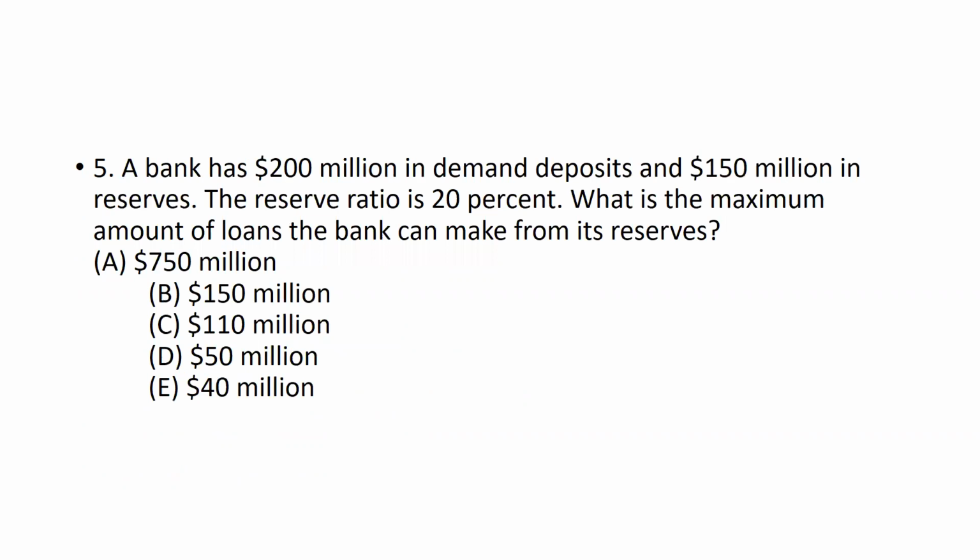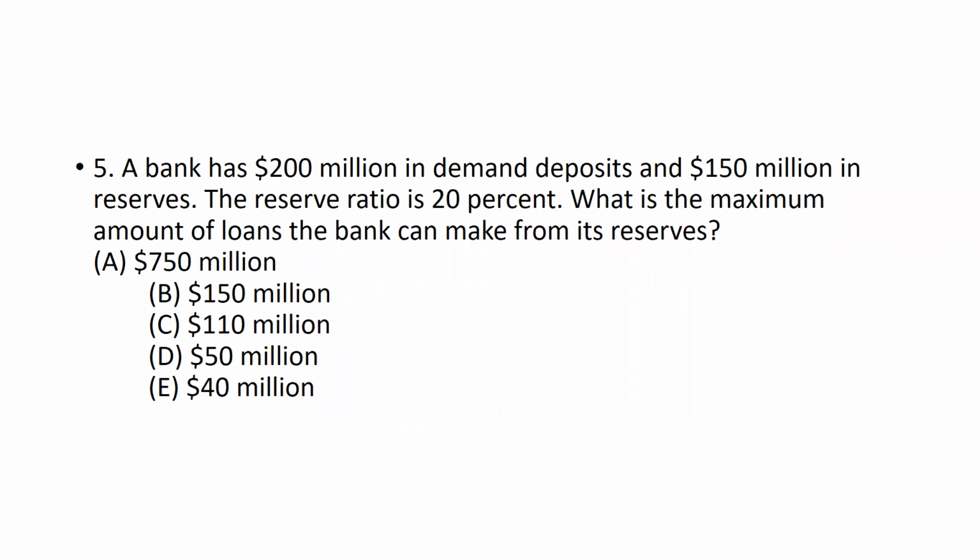A bank has 200 million in demand deposits and 150 million in reserves. The reserve ratio is 20%. What is the maximum amount of loans? Okay, so this is loans for the bank. If it's just the loans for this bank, I'm not using the multiplier. I'm using the multiplier for the maximum for the system.